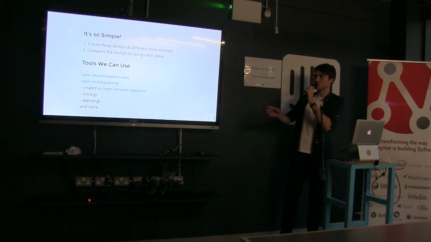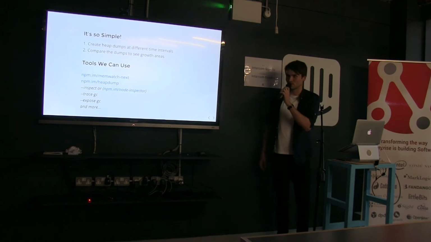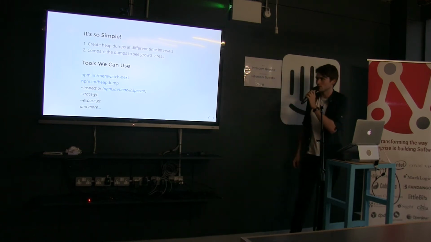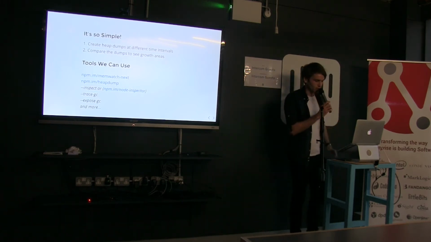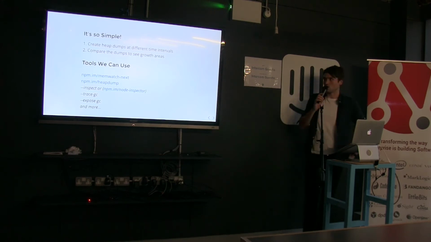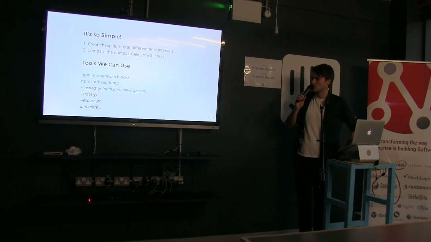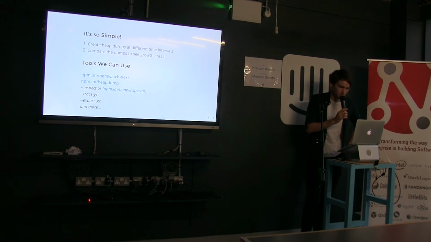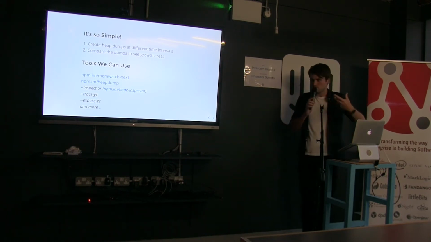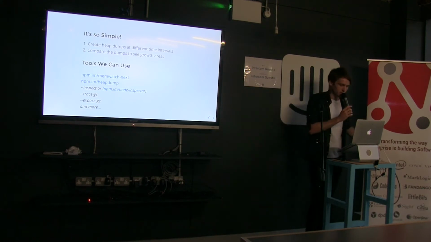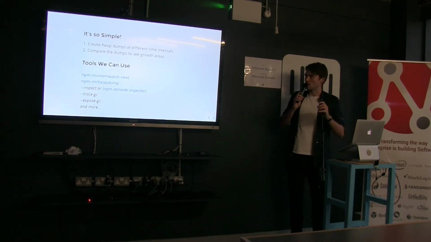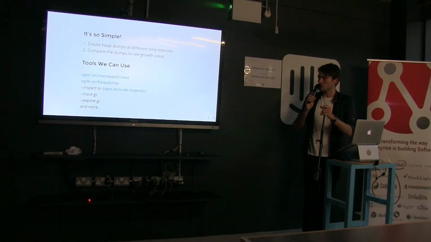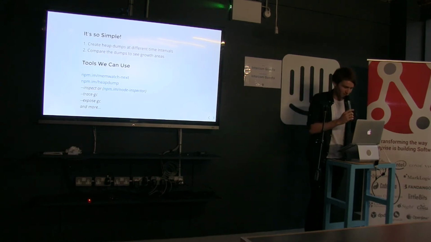We can see growth in the actual memory used, and we can see the objects that are being created. And there's a bunch of tools out there, so I can't show all of them, but I'll show some of the ones that I looked at extensively. And they're in the Node ecosystem as well. You can use a lot of low-level tools as well, but we'll keep it within the Node ecosystem today.